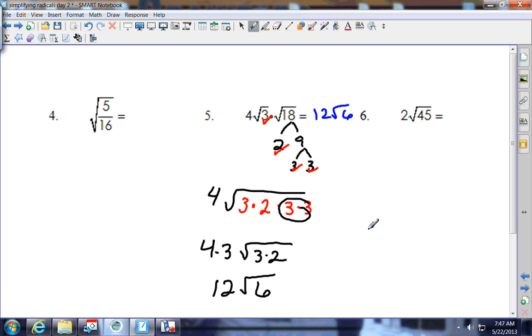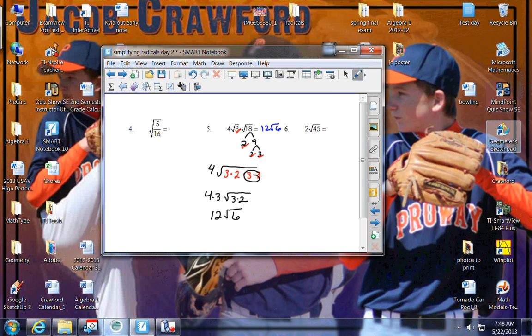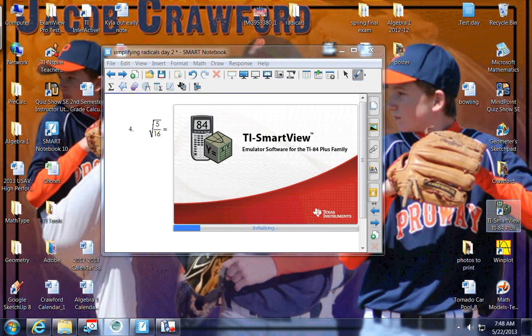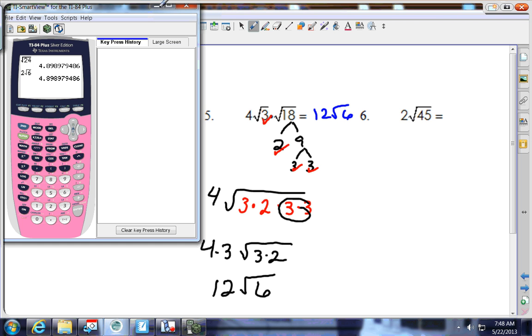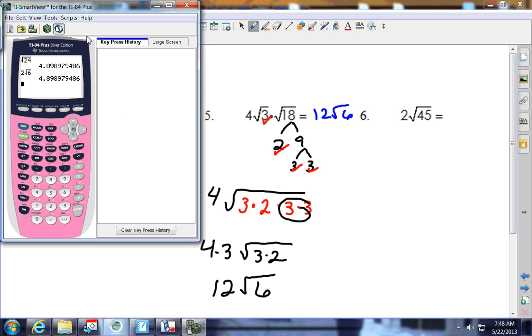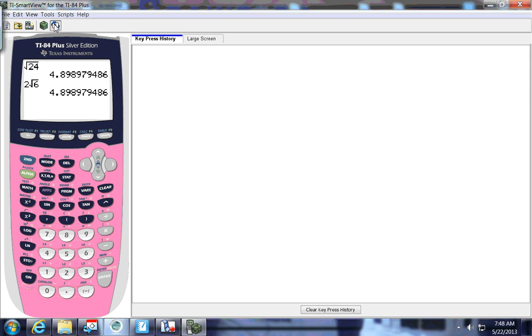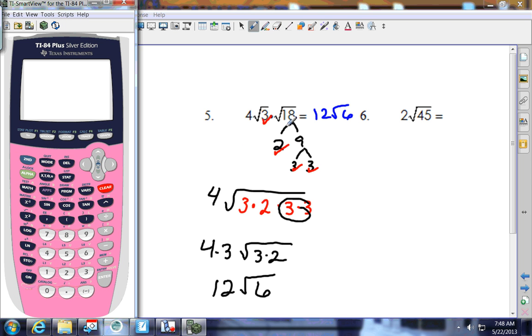Now, one way to check that is you can go in the calculator. Let's see, where's my handy dandy calculator? Go in there and put in the original problem: 4 square root of 3 times the square root of 18, and press enter.